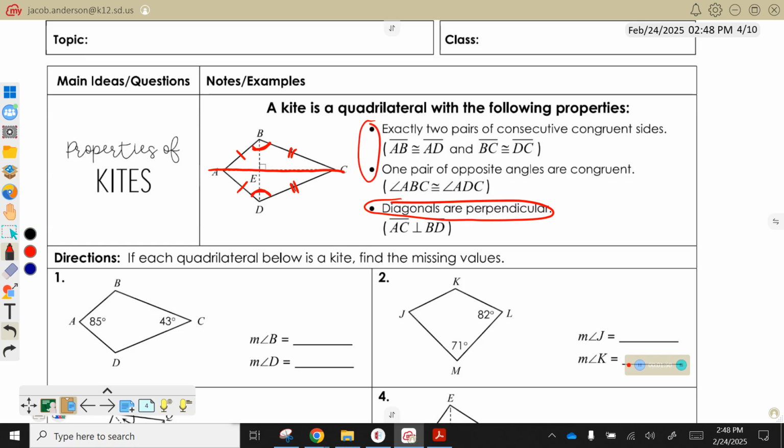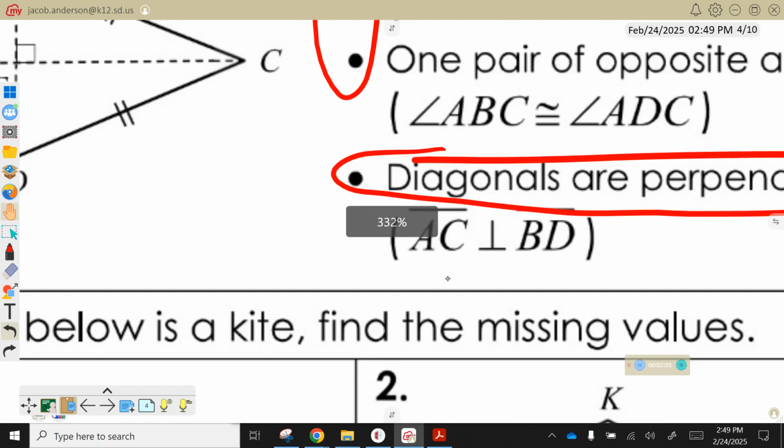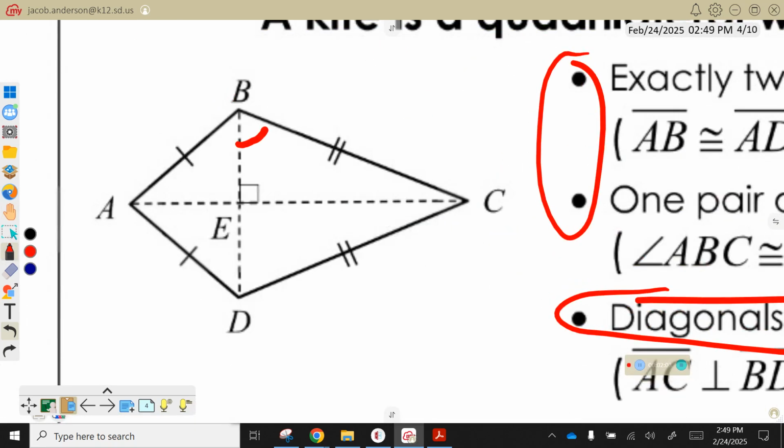There's other things that are true as well, though. For example, if I erase this, I'm saying everything is symmetrical. So even if I found this angle, let me zoom in even, just to the diagonal, this angle here is congruent to this angle here. And this angle here is congruent to this angle here. This one down here is congruent to this one right here.